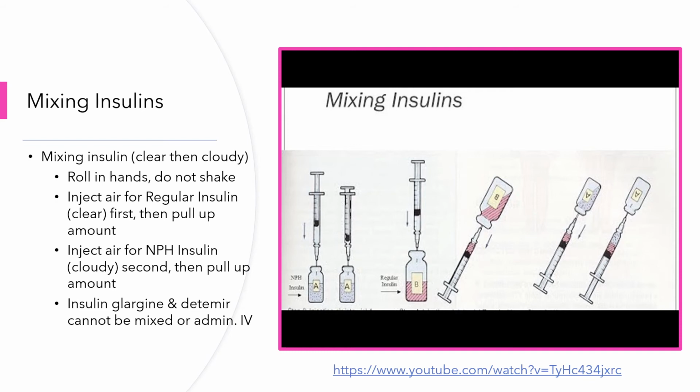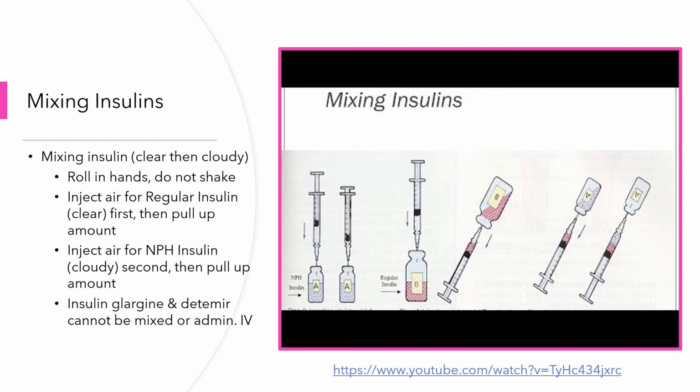So now you'll have your insulin glargine and your insulin NPH and your insulin regular in the same syringe together. You'll see in the picture while this is not playing, the red is the regular, and the blue that is dotted is now your NPH.